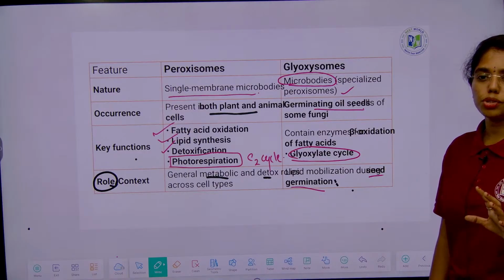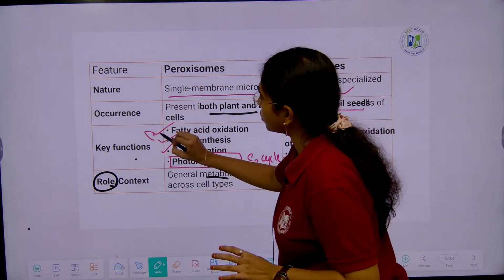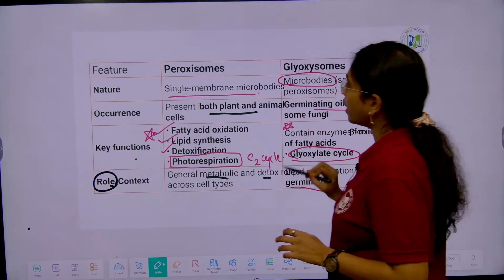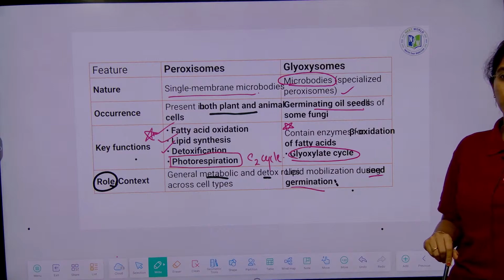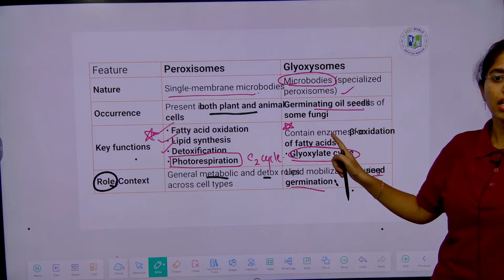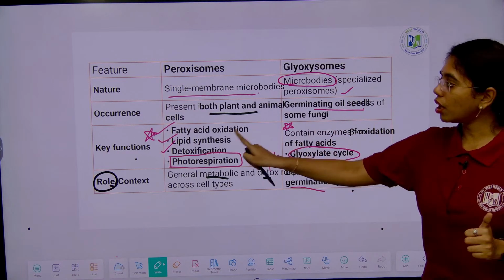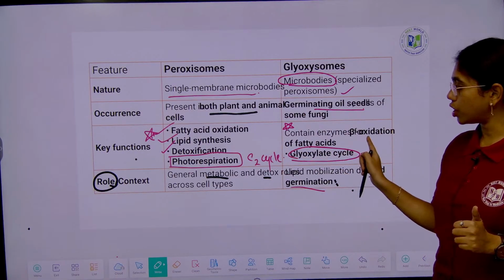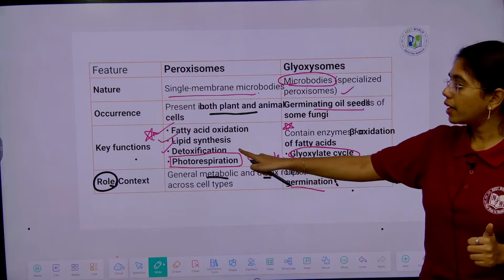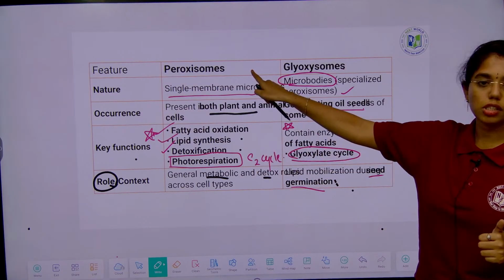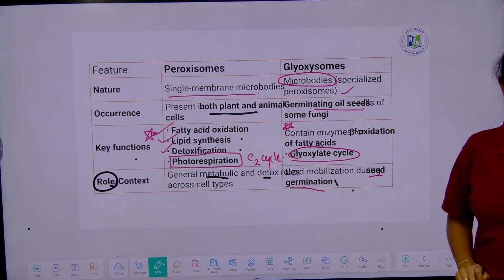In simple terms, you have to remember the functions and occurrence, enough. Both are single membrane bound, and the functions are very important. Glyoxysomes are present in germinating seeds, both of them are helpful in oxidation, beta oxidation of long chain fatty acids, and detoxification, and lipid synthesis by peroxisomes, right.